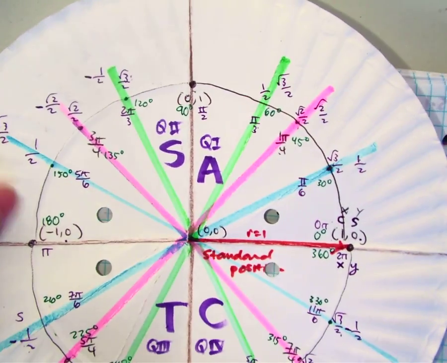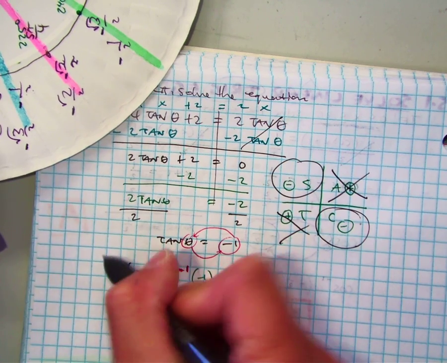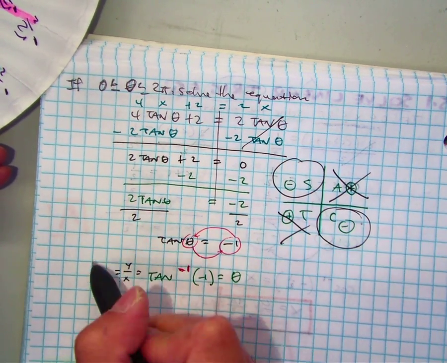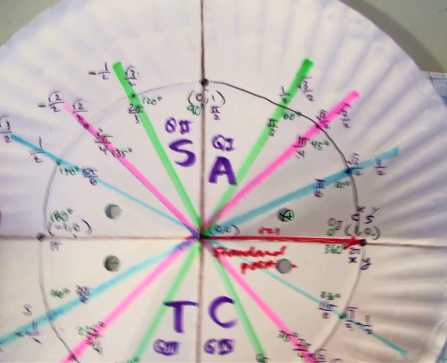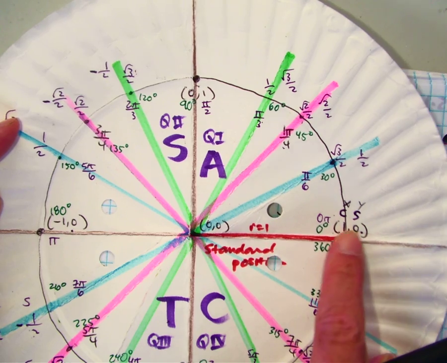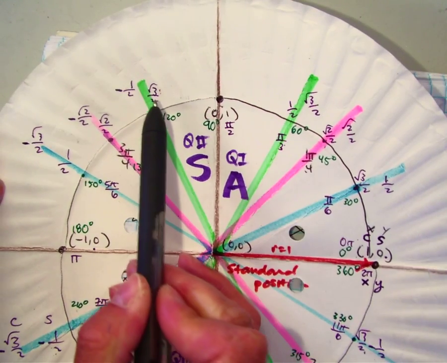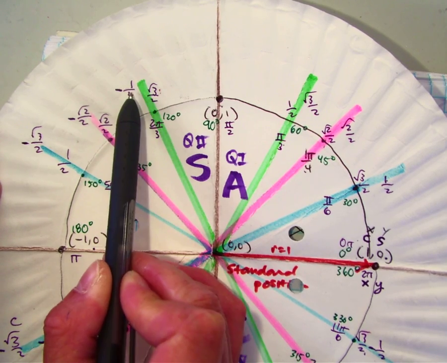Remember, I'm looking for tangent of negative 1, and tangent is y over x. Class, what is the quotient identity for tangent? Sine over cosine. So basically what I can do is I can just take this value and divide it, the right by the left. Now if I do that over here, notice how here I get a tangent of negative radical 3.